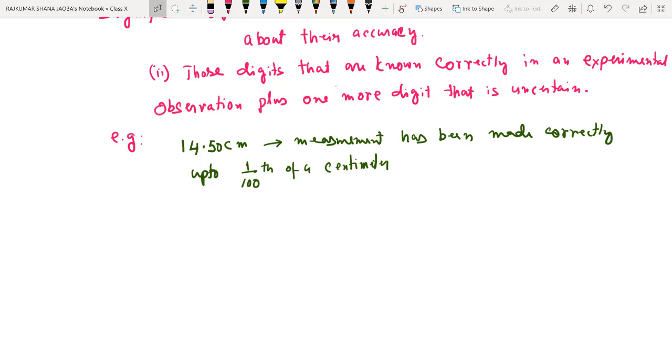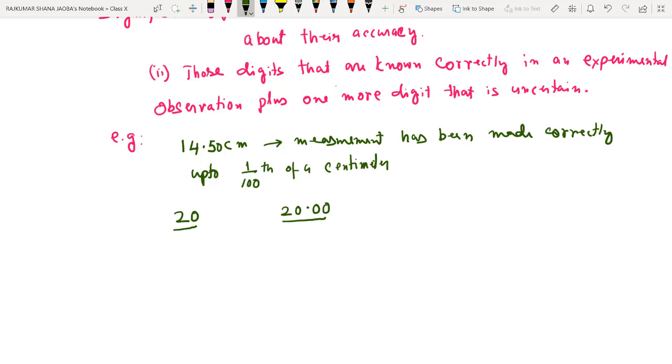Now suppose 20 and 20.00. What is the difference between 20 and 20.00?